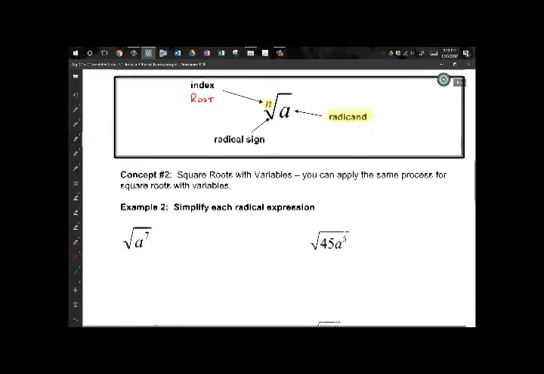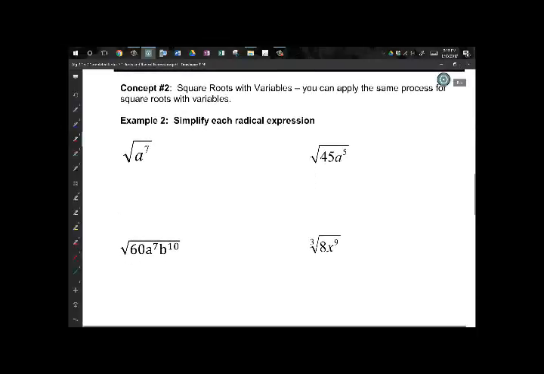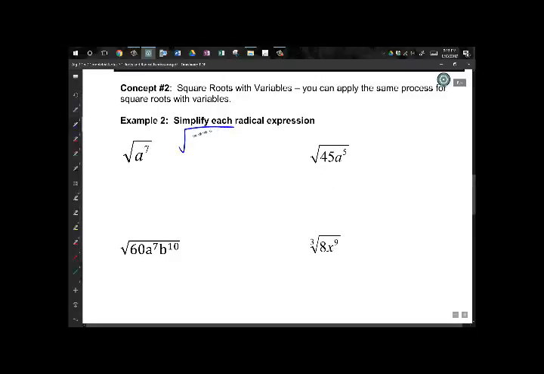So let's take a look at some square roots in terms of variables. We're going to remind ourselves that we're going to make it into a perfect square times what is left over. So the first part is going to be a perfect square, and the second radical is going to be what is left over.